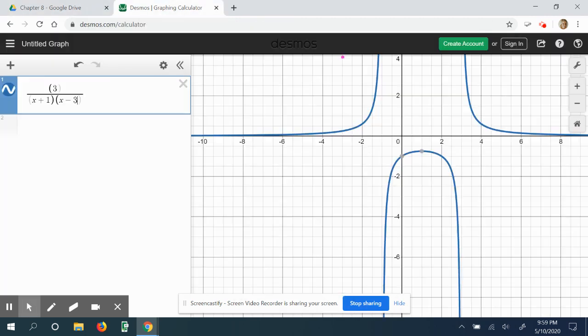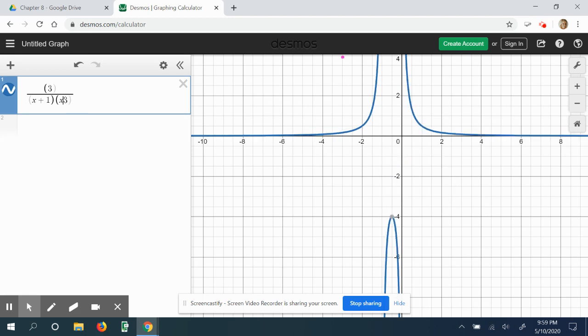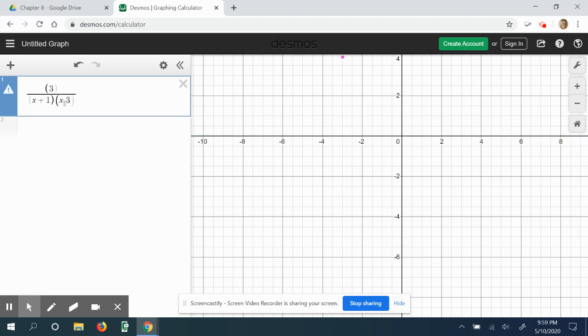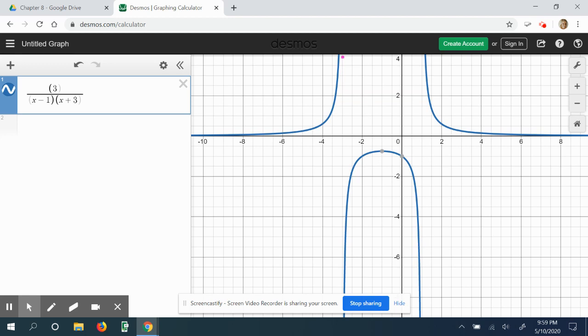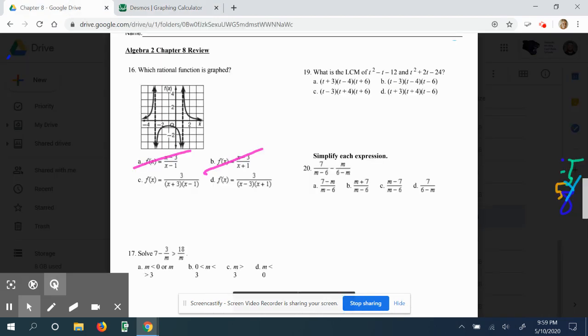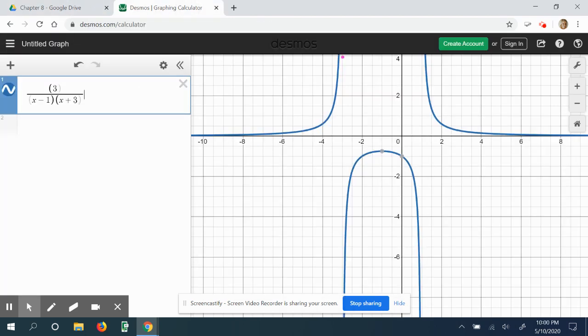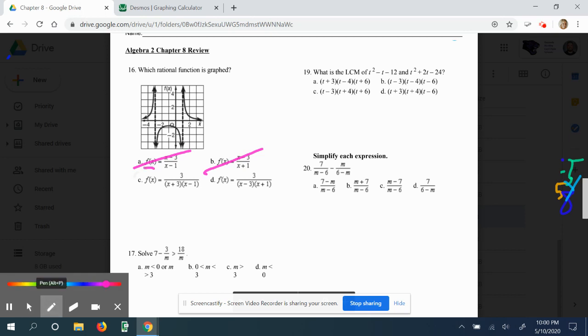Okay, oh, x plus 3 and minus 1, so it's actually the other way around. Okay, and we look at our graph and compare it. Hey, that looks almost identical to what we're looking for. So that means that C is the correct answer for number 16.